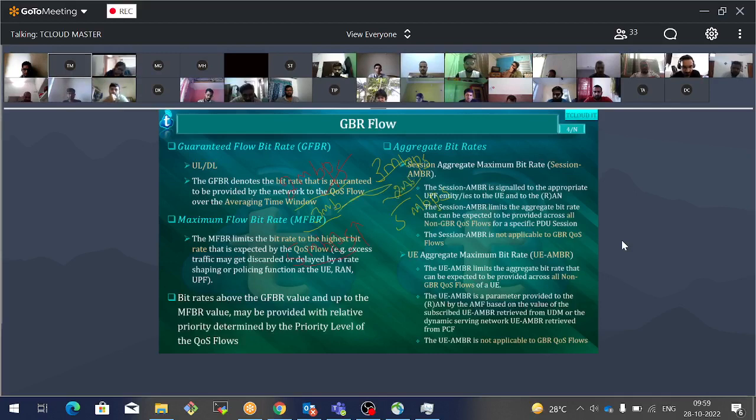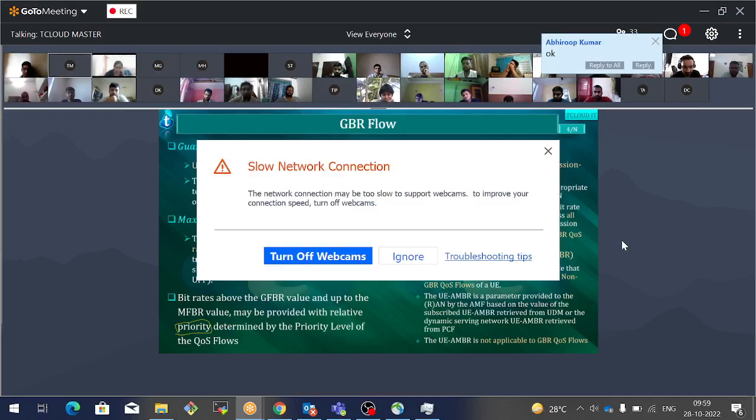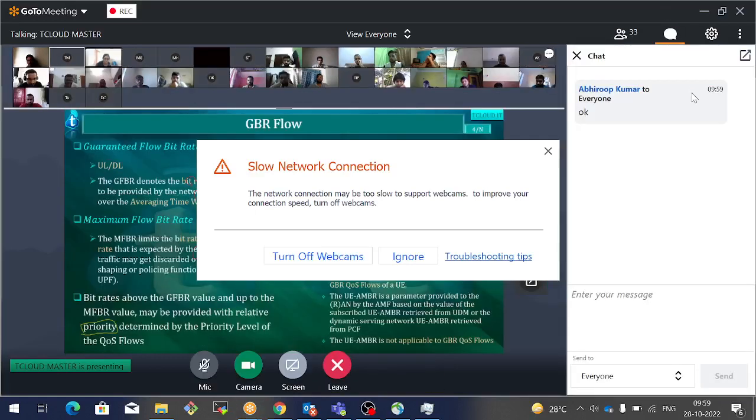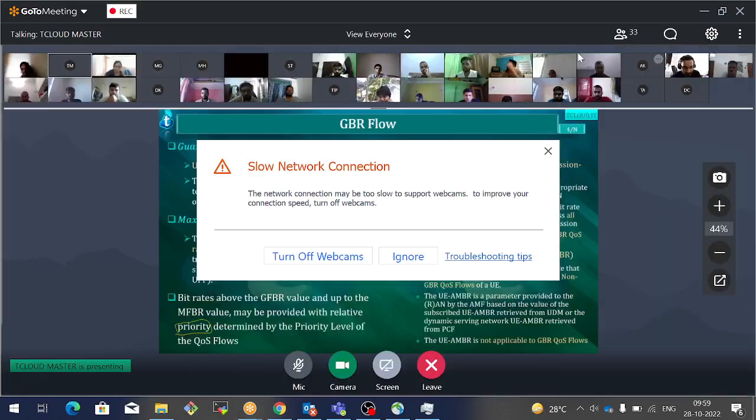How will this be provided? This 3 Mb or 2 Mb, the extra one, will be dependent on something called the priority of individual quality of service flows. For example, if this QoS flow's priority is higher than this QoS flow's priority, first we will schedule this 2 Mb data. Then we'll give the priority to this 3 Mb data if still resources are available.